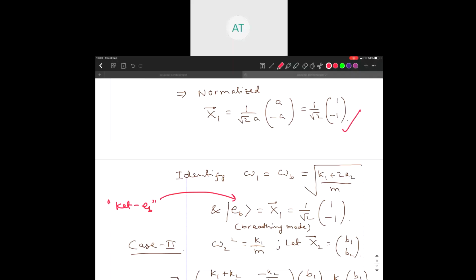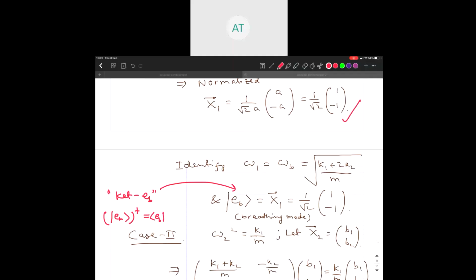The ket is always a column vector, and the dagger of the ket is basically a row vector, the bra EB. This is the notation that we will be using; people use different types of notations around.